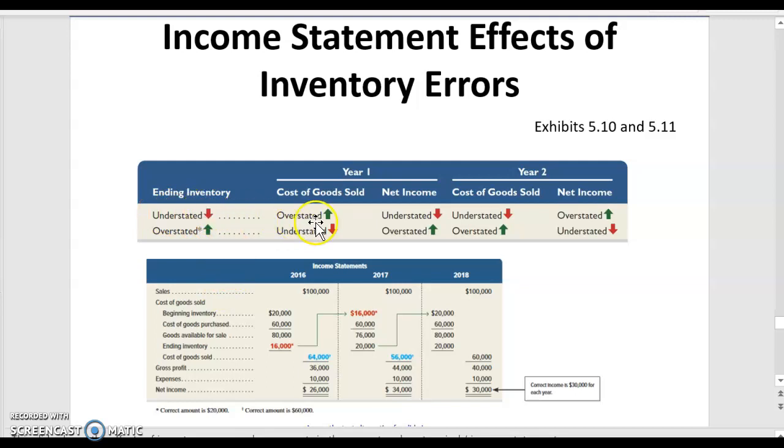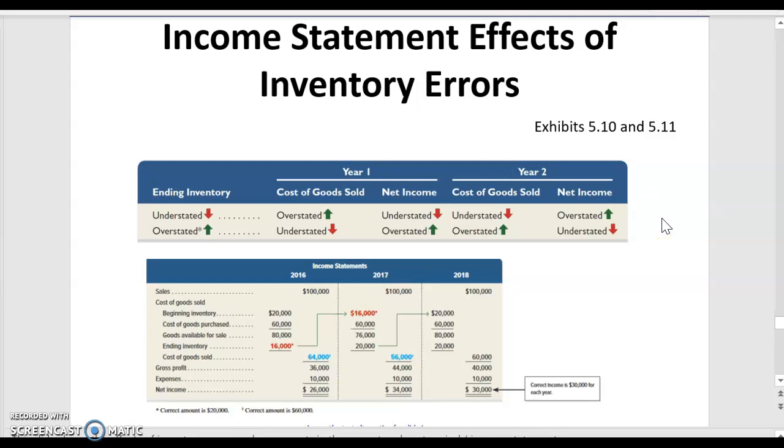Then our cost of goods sold will be more than it should be, and our net income will be less than it should be in year one. However, by year two, that reverses itself, and the cost of goods sold then is less than it should be, and the net income is more than it should be. So by the end of that 2-year period, that evens out.